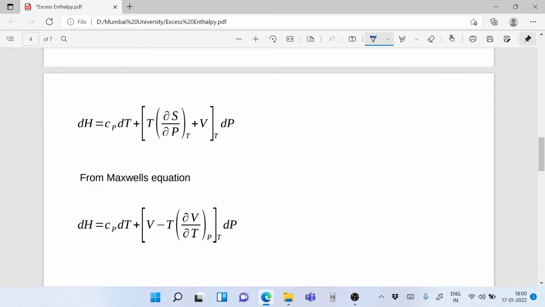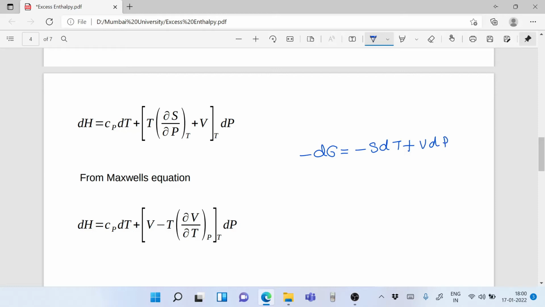Now, what we have really is, let's take minus dG is equal to minus S dT plus V dP.